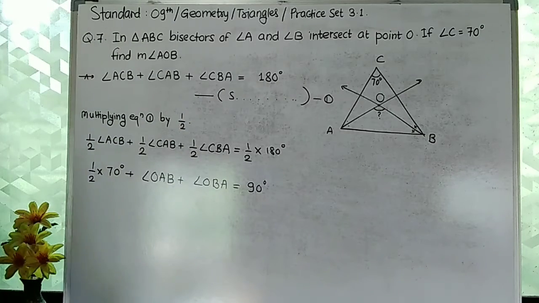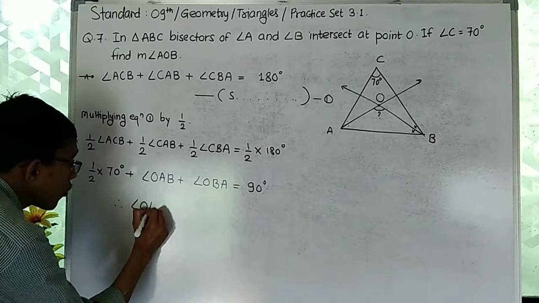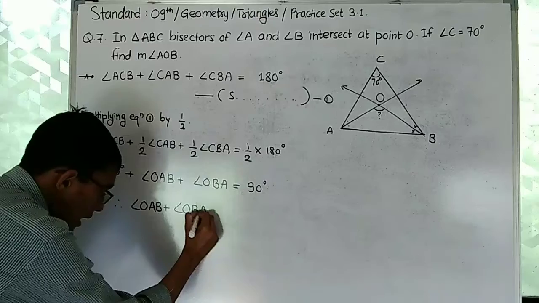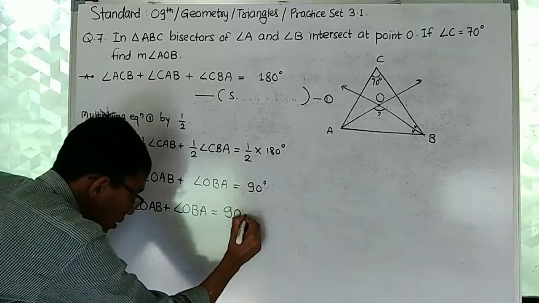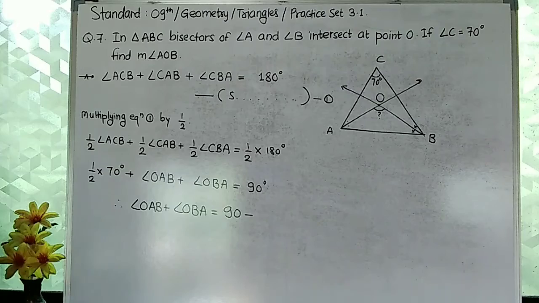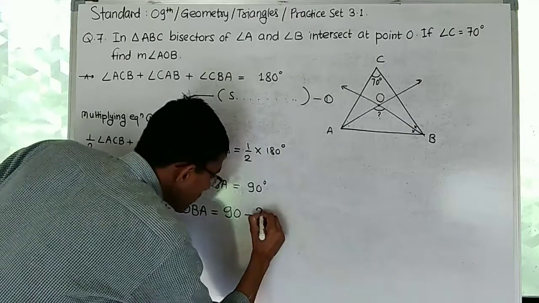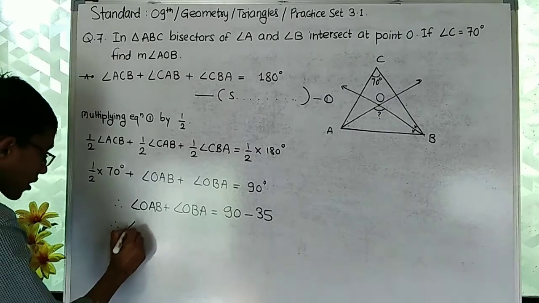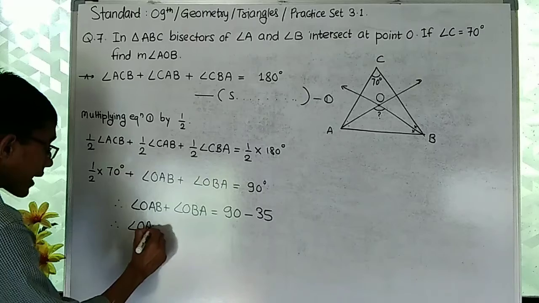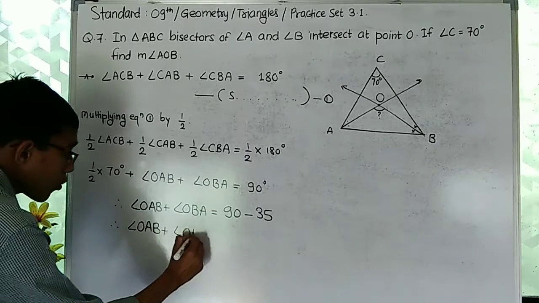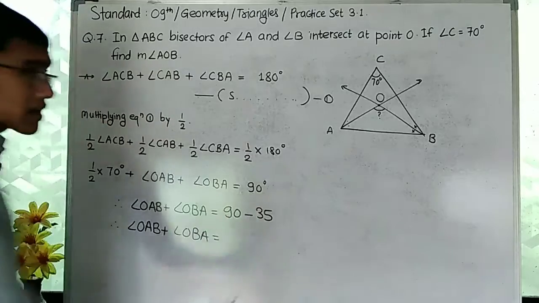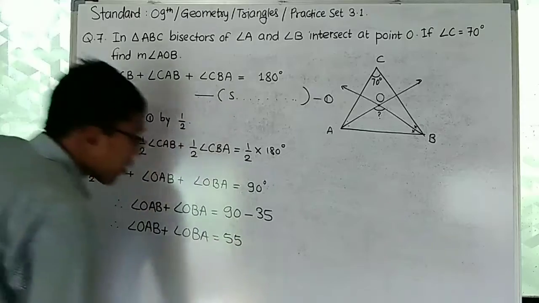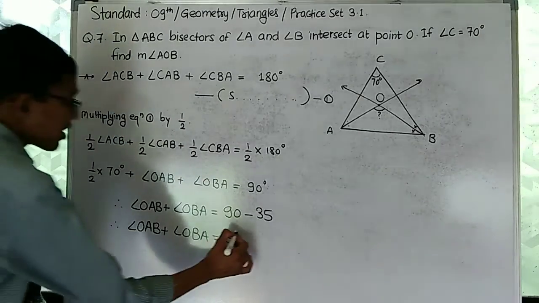Therefore angle OAB plus angle OBA is equal to 90 minus, now half into 70 is 35, so 90 minus 35, that is 55 degrees.